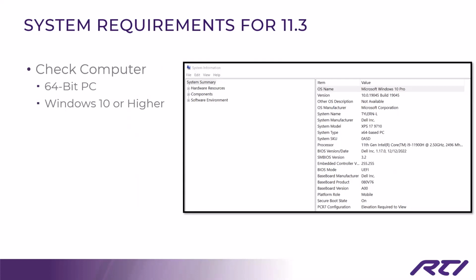So please make sure that you do have a 64-bit machine that utilizes Windows 10 or higher as its native OS. The features that are built into Integration Designer 11.3 require that type of processing power to build it into the system and to map it out. If you don't have that, it just won't work. That's why this is the first iteration that we actually require a 64-bit machine.